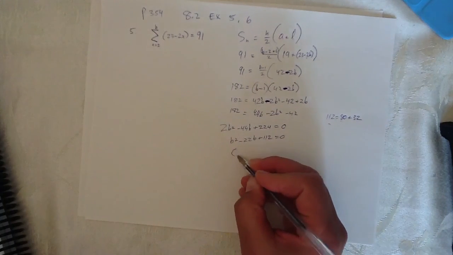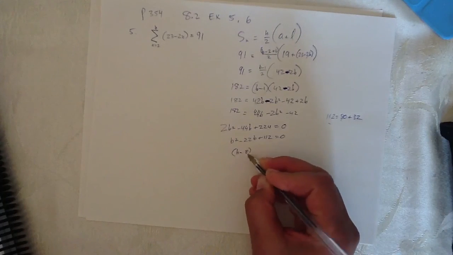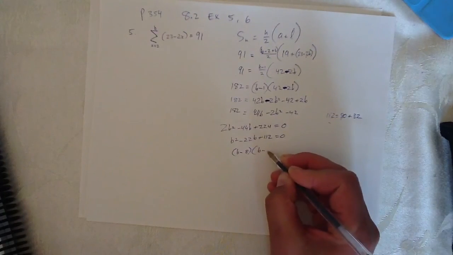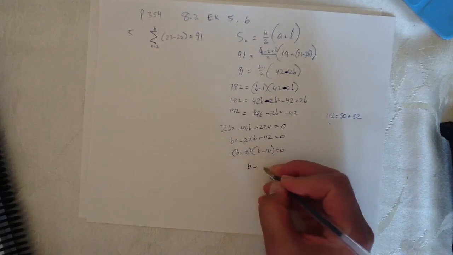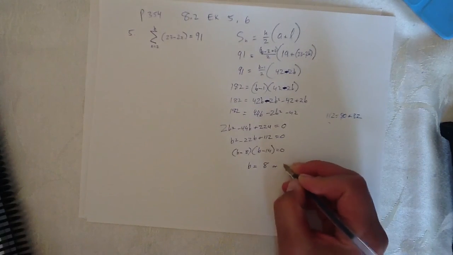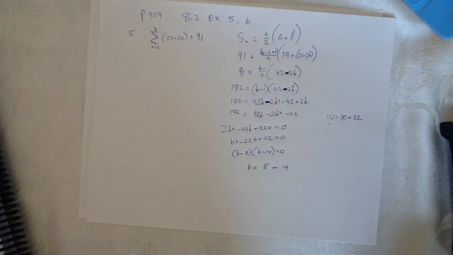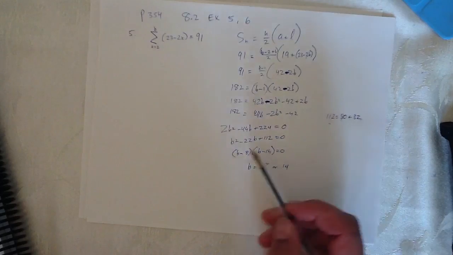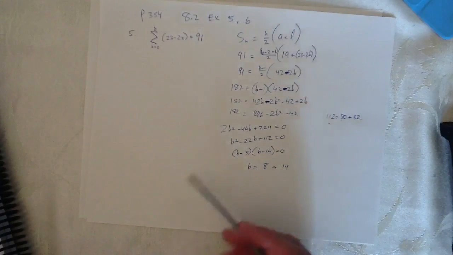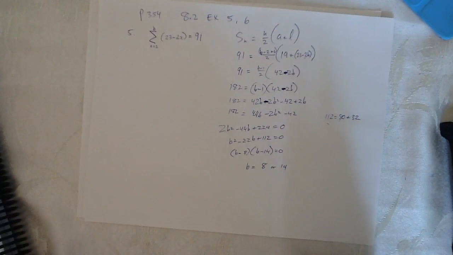So b minus 8 times b minus 14 equals 0. So b equals 8 or 14. So I get 8 or 14 as my two possible values for b, and that's what we were doing, is solving for b. So that one's done. We're going to do exercise 6 on a separate video.